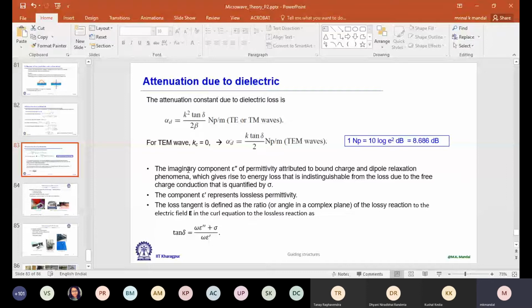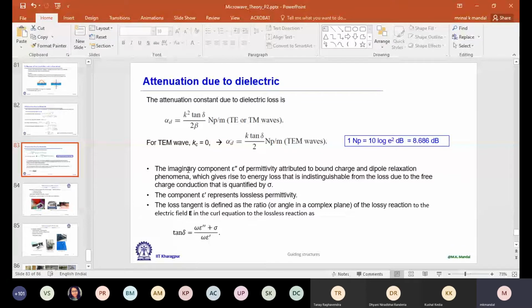So this is the closed form expression for dielectric loss for TE and TM modes. Alpha D equal to k square tan delta by twice beta. In all the expressions, we have the unit as Nepers per meter.